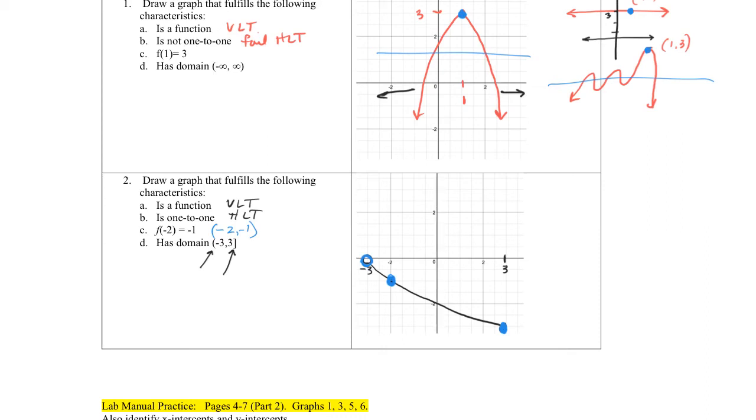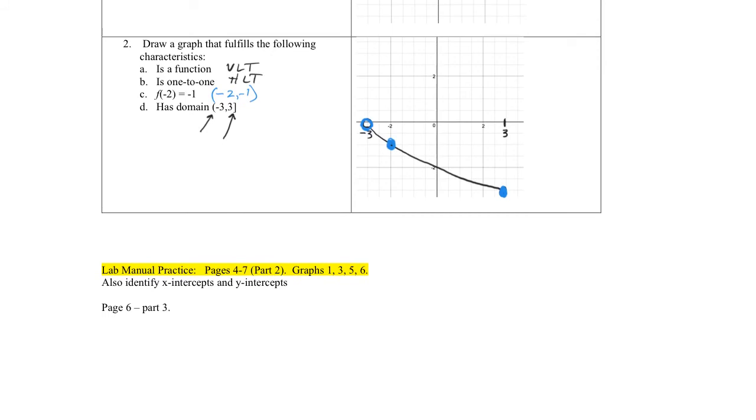Okay, so now I'd like for you to open up your lab manual, which you'll find on Blackboard. And we're going to do a little bit of practice. On pages 4 through 7, part 2, I want you to complete the graphs for numbers 1, 3, 5, and 6. And then also identify the x and the y intercepts. And then on page 6, you're going to complete part 3. So once you've completed all of that, you just need a little more practice to nail down these concepts.